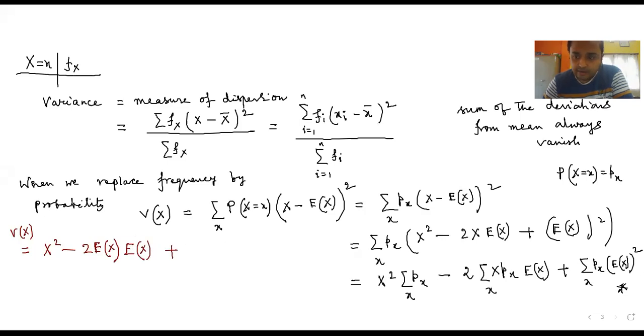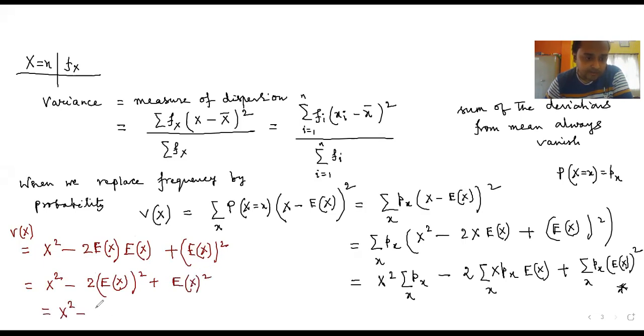And here E(X) squared, since E(X) is the arithmetic mean, and the arithmetic mean is always constant, it can come outside the summation sign. So I am taking E(X) squared outside the summation sign, and the total probability, summation over p(x), becomes 1. So ultimately we are getting x squared minus 2 E(X) squared plus E(X) squared, and that is equal to x squared minus E(X) whole squared.